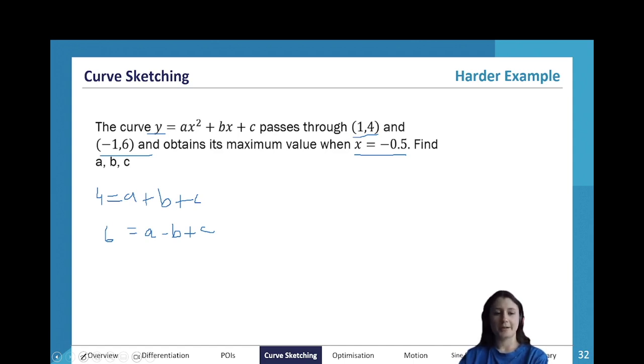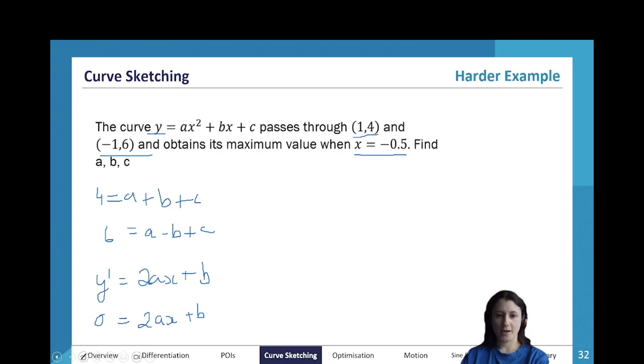Now we know that it obtains its maximum value when x equals negative 0.5. So let's find our derivative. So we're going to have 2ax plus b. We know that the maximum value will occur when the derivative is equal to 0. So we're going to have 0 equals 2ax plus b.